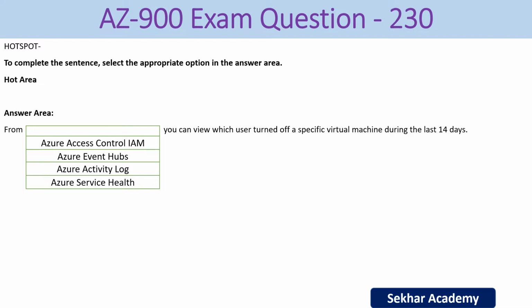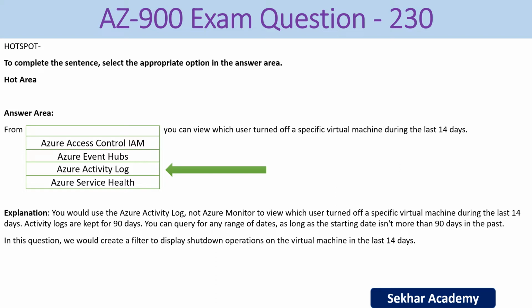The right option is where you can view which user turned off a specific virtual machine during the last 14 days. So the right answer is Azure Activity Log.